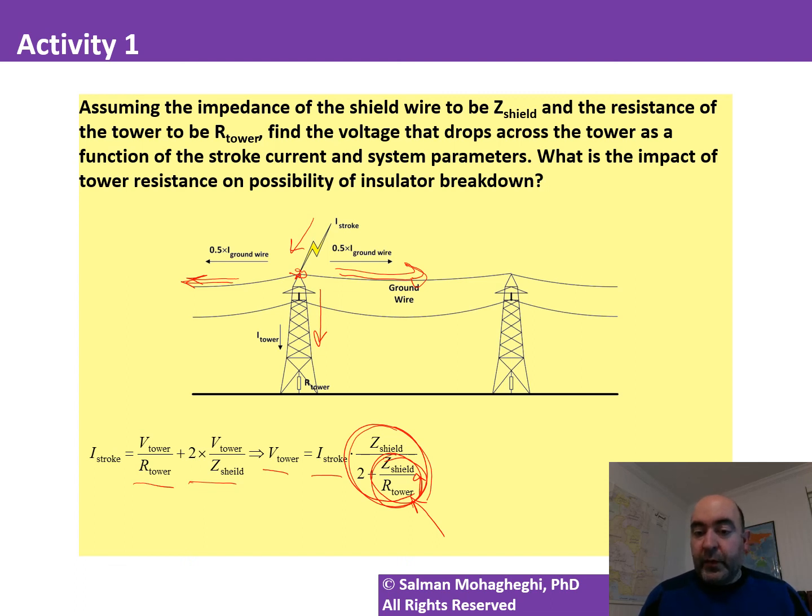So one of the ways to make sure that you don't have too much overvoltage experienced by your towers is to improve the ground resistance of the tower itself, meaning that you can reduce the value of this R of tower, and this will directly reduce the overvoltage experienced by the tower when it gets hit by a lightning.